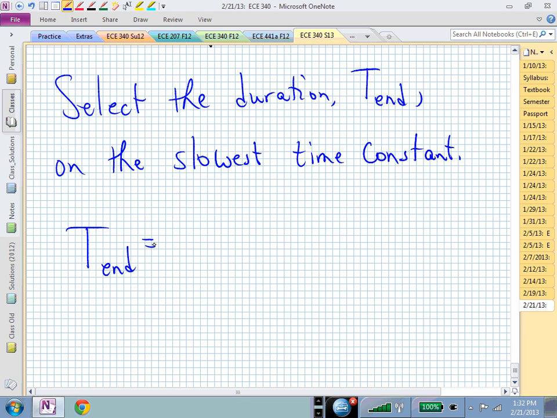Meaning in this particular example, it's going to be 5 times the maximum of tau 1 or tau sub 2. Tau 1 was 1, tau sub 2 was 1/3. That's why we did our elementary school math, right? Which is bigger, 1/3 or 1? So now we know that it's 1.